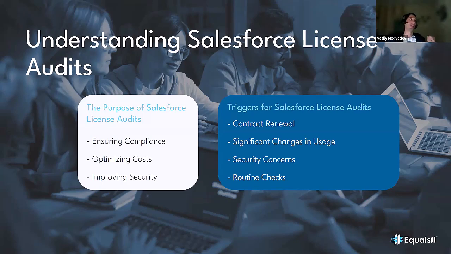Or maybe which license features did you buy? And you have to check for the past year how often the employees used those licenses and features. Is it really needed to pay for all these licenses?